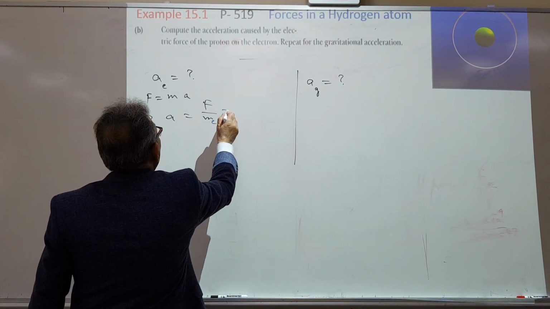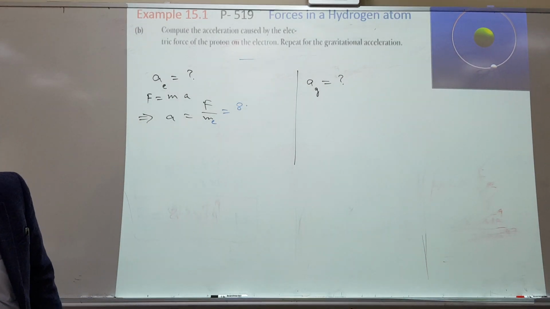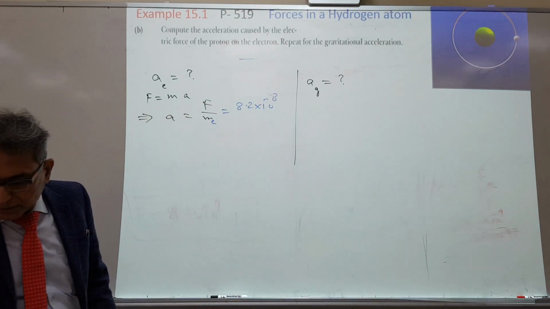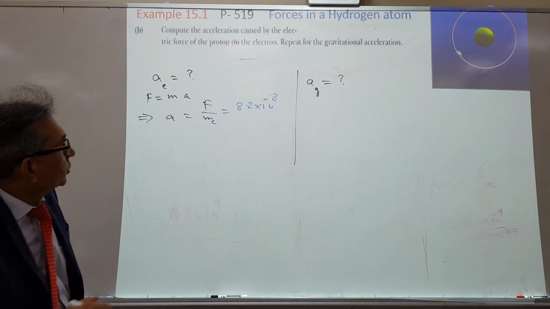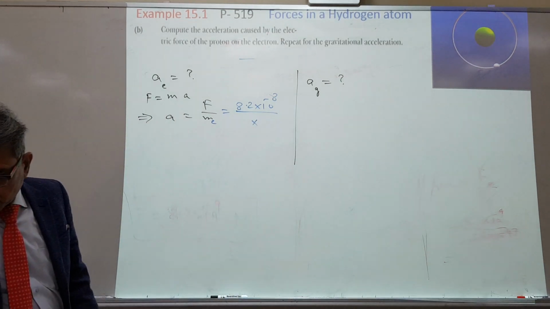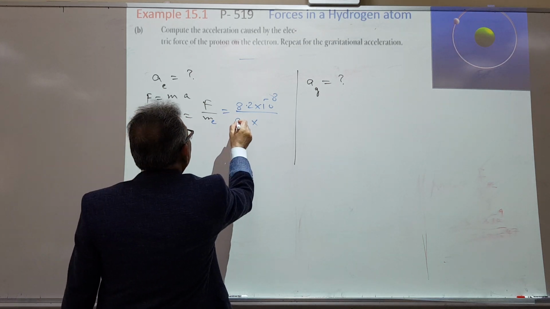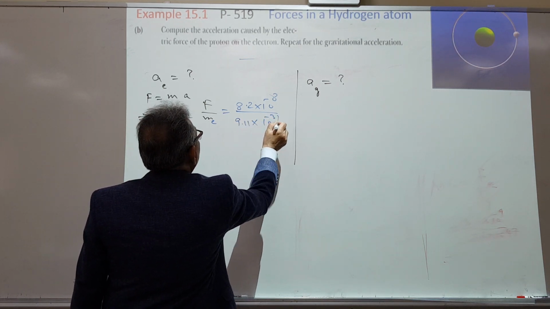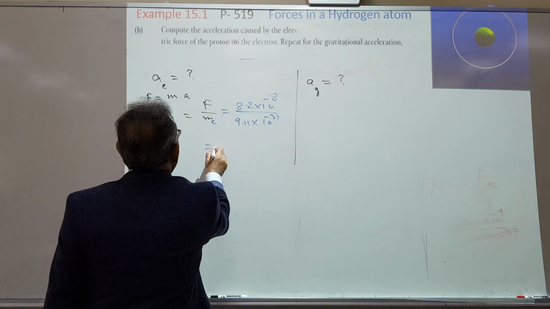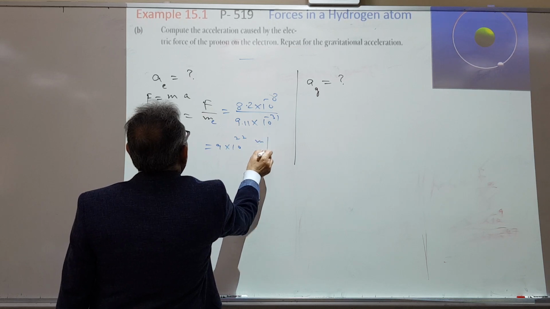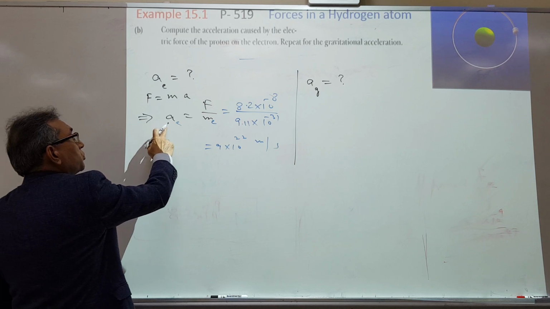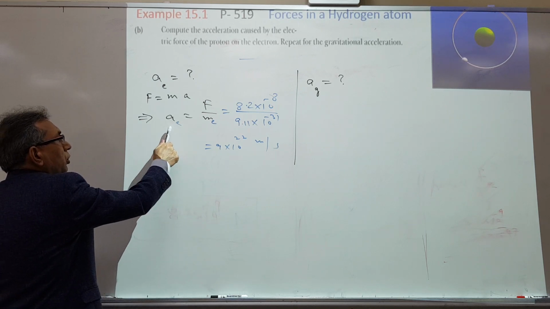The force we just finished in part A, which is 8.2 times 10 raised to the power minus 8, over the mass of the electron, which is given as 9.11 times 10 raised to the power minus 31 kg. So you will get 9 times 10 to the 22. This is the acceleration caused by the electrostatic force on the electron.